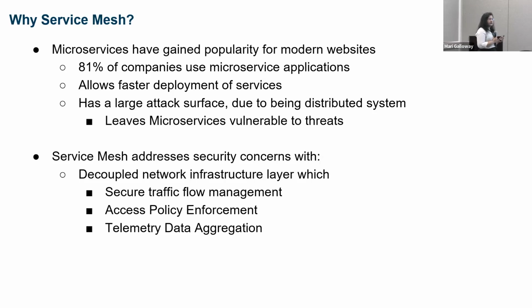Service mesh provides a decoupled network infrastructure layer, which helps with secure traffic flow management, access policy enforcement, as well as telemetry data aggregation. We will talk about these three points in detail later during the presentation, but that is what helps with decreasing the security concerns on the microservices architecture.